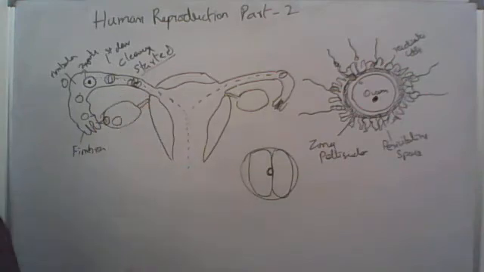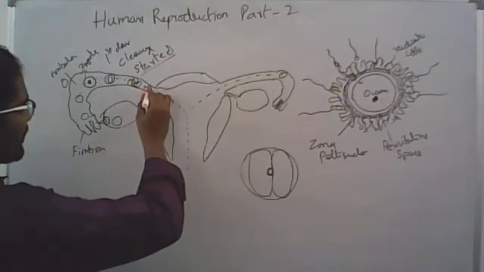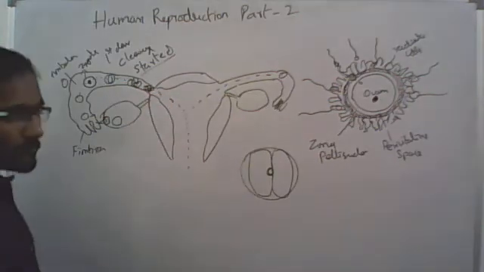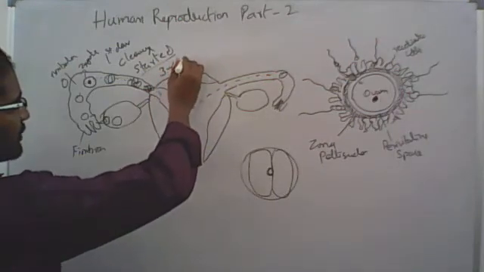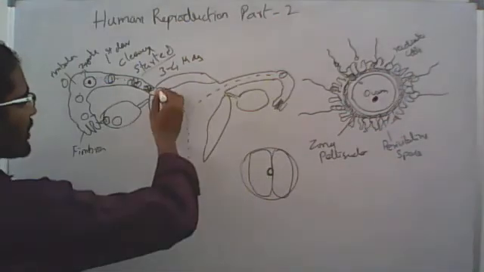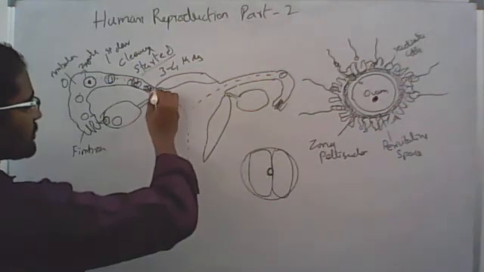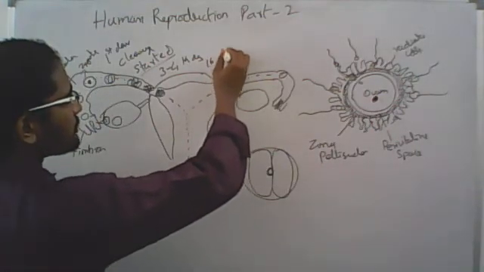Now it is an embryo. Then there will be an 8 cell stage. Approximately on the 3rd or 4th day after fertilization, you can expect a 16 cell stage.